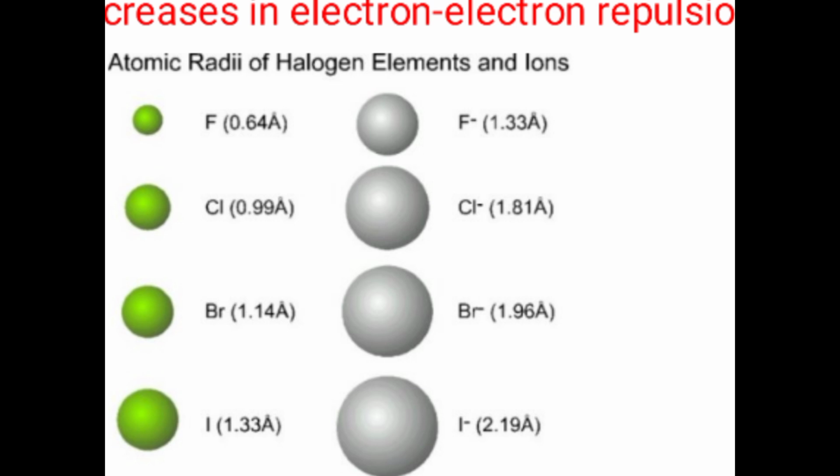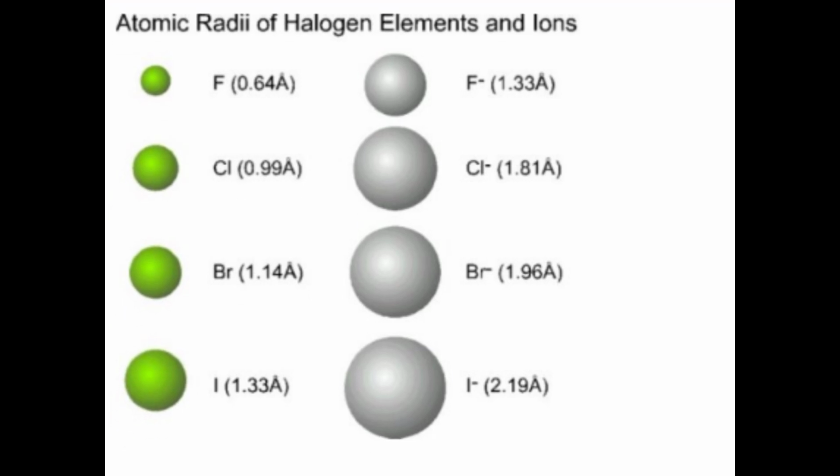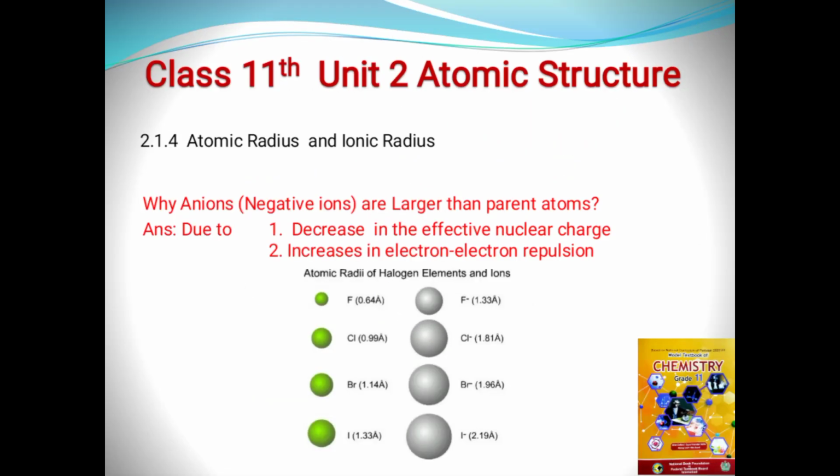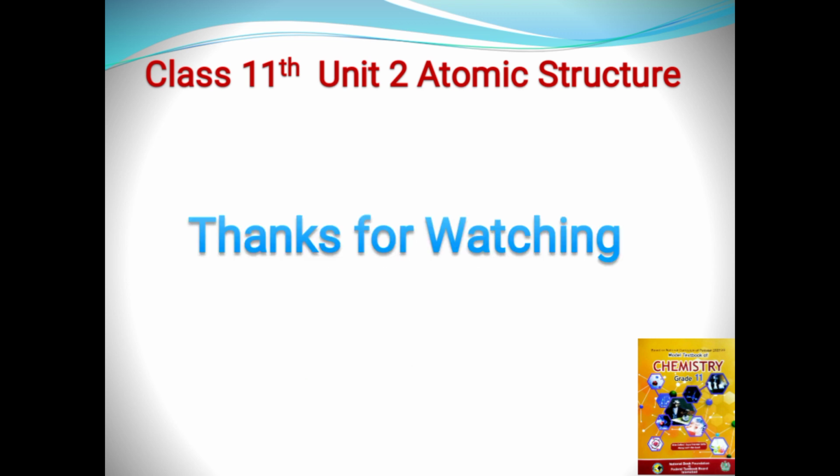Chlorine is the smaller one, while chloride is the larger one. Bromine is smaller, bromide ion is larger. Similarly, iodine is smaller, and iodide ion is larger. So you can observe that the radii of anions are larger as compared to their parent atoms.